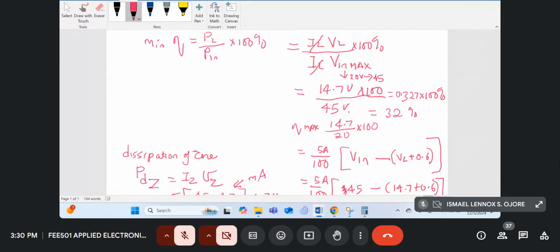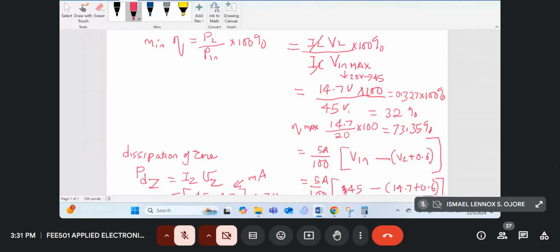So if your input supply is small, close to the design requirements, you'll get maximum efficiency, 14.7 divided by 20. And that is working to be 73.35%.